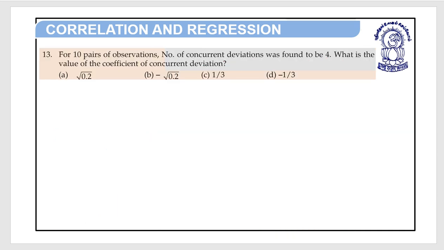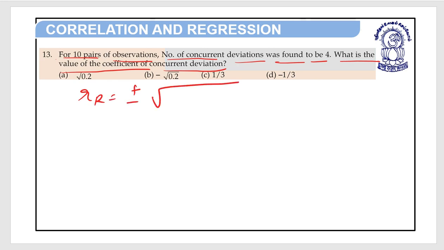Now question number 13. For 10 pairs of observations, the number of concurrent deviations was found to be 4. What is the value of the coefficient of concurrent deviation? Here RC is equal to plus or minus under root plus or minus 2c minus m by m.